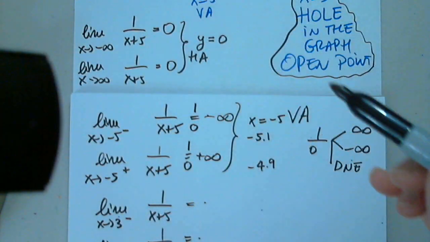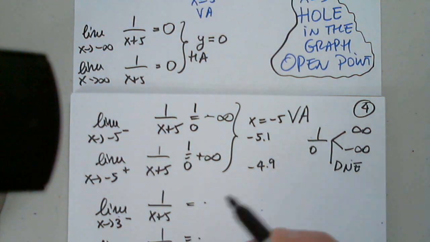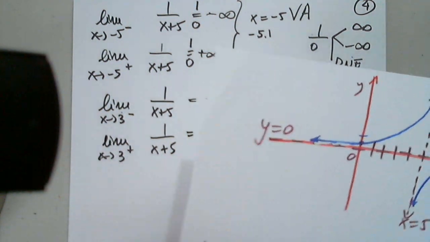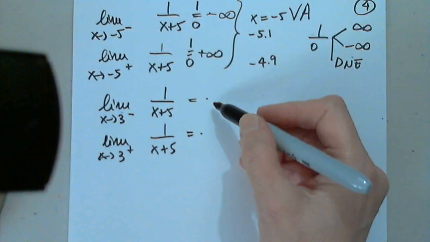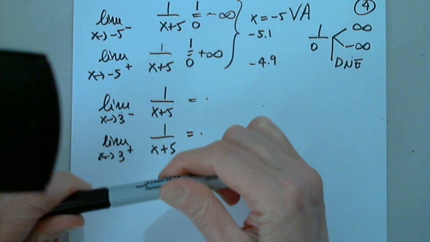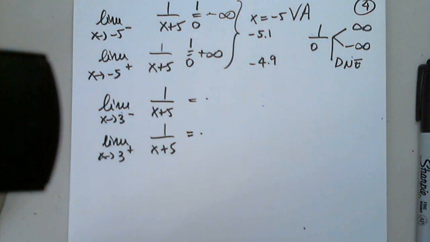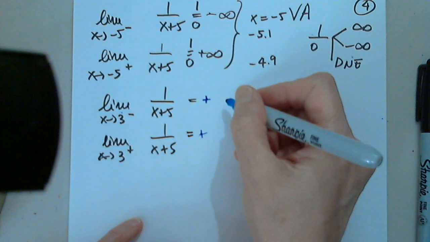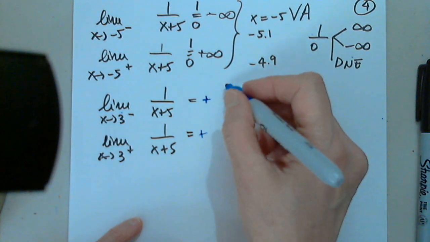This is not this, and this is not this. This is the easiest of all of them. What is the answer? Anyone? Positive. Yes, they're both positive. But what? 1/8.